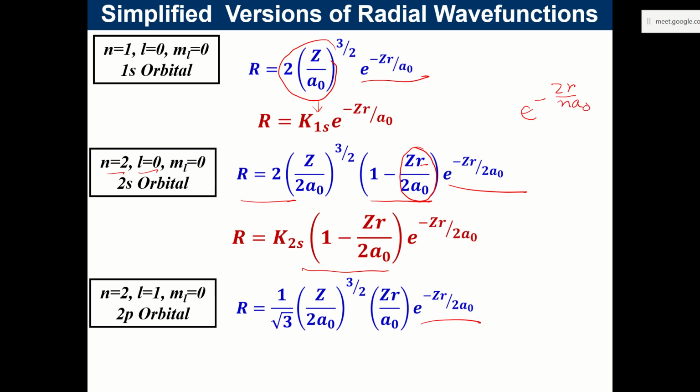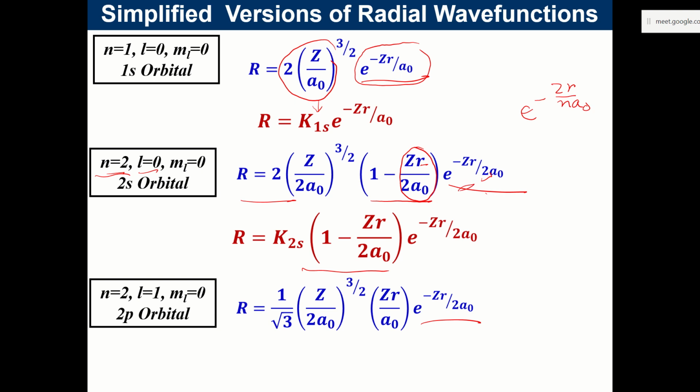So when n has increased, when you are in the second shell, n is equal to 2, it is Zr by 2a naught. So the decay profile will be even slower here. It will be changing less as small r, the radius, increases; you have a very slow decrease in the amplitude of the wave in this case.